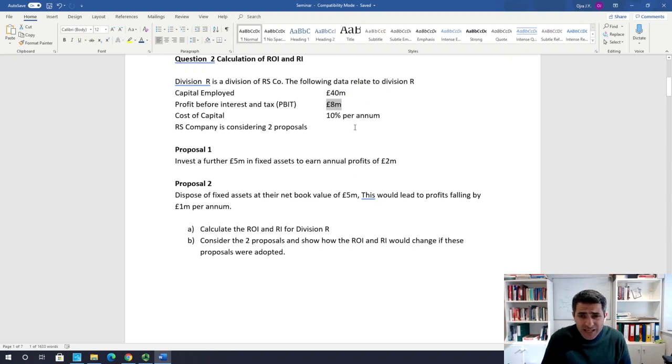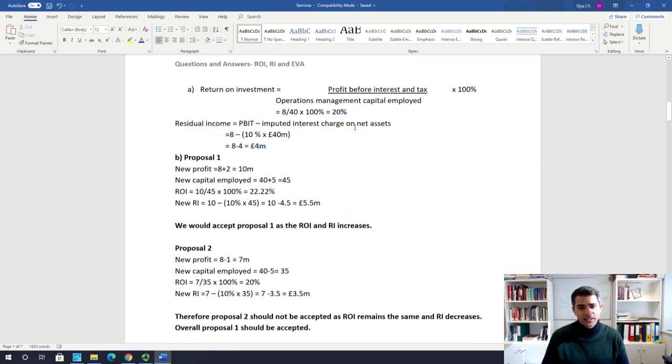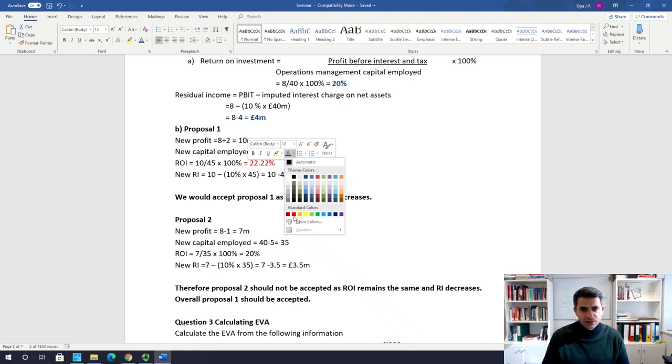Based on this information, if we calculate ROI, it is 22.22%. Let's put it in another color so we can differentiate the proposal. Okay, red.